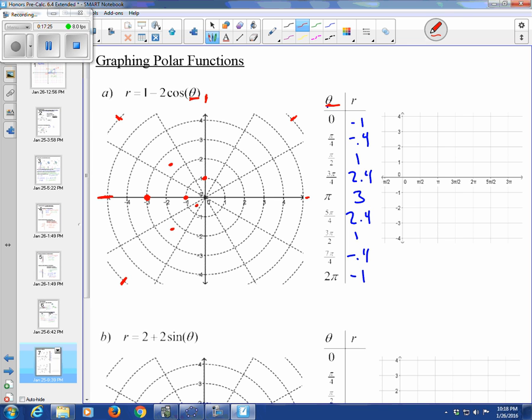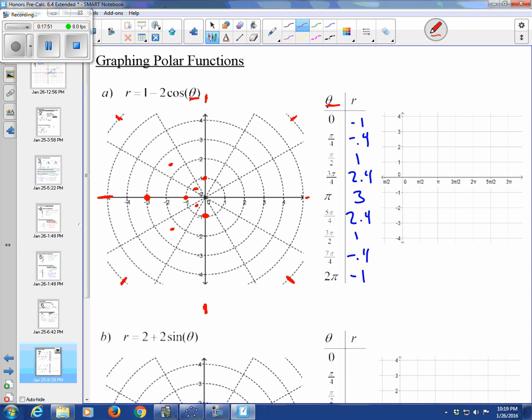And for 3/2 pi, we have, again, 1, so 3/2 is a rotation that takes us down here, and we go a length of 1 in that direction. Now right here for 7/4 pi, rotation of 7/4 pi, we've got a -0.4, so I'm going to go in the opposite direction, 0.4.